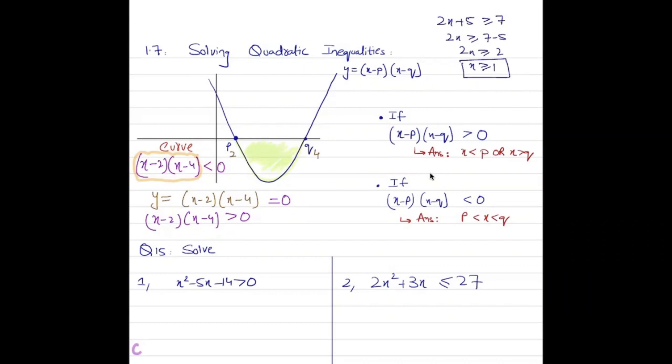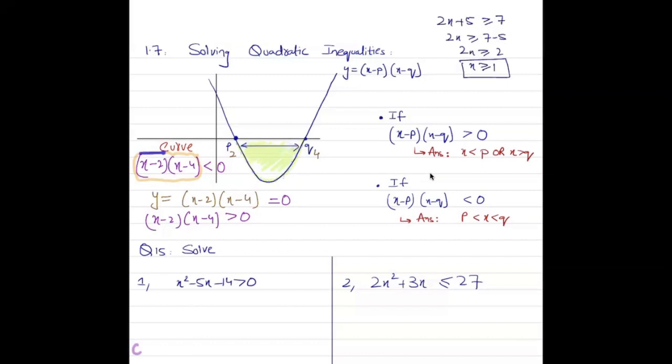Any values of x that are between 2 and 4 will give you the value of the quadratic function to be negative. For example, if I take 3, I'm getting a negative value. If I take 3.5, I'm getting a negative value. If I take 3.9, I'm going to get a negative value. Any value that is between 2 and 4 will give me the value of the quadratic function to be negative.